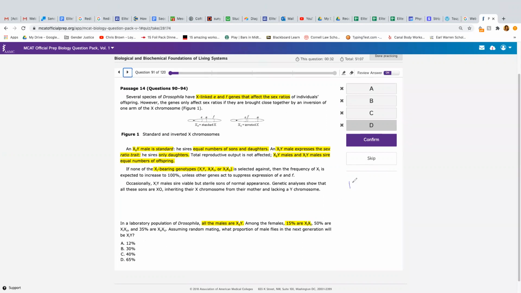So we know that 15% of our women in this population are homozygous recessive, 35% are homozygous dominant, and 50% are going to end up being heterozygous.